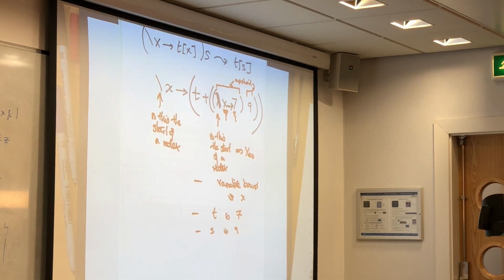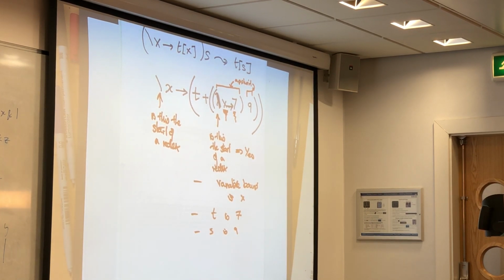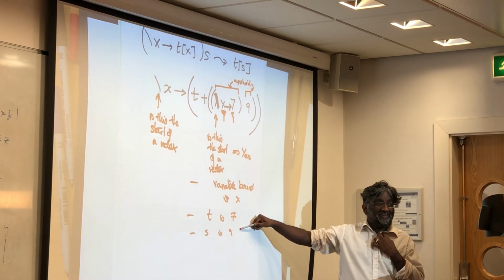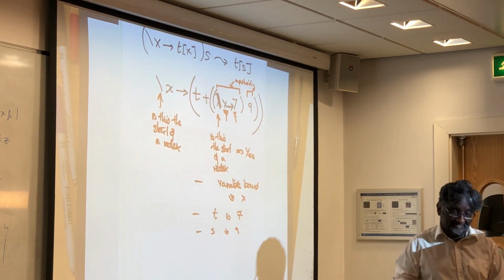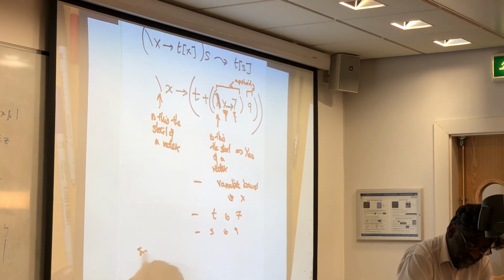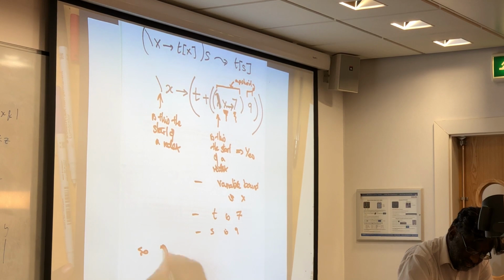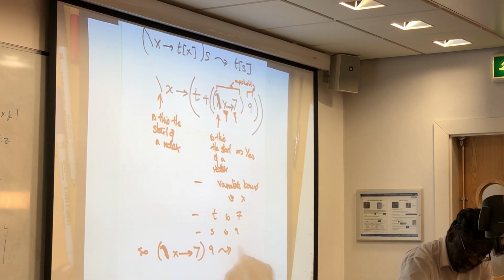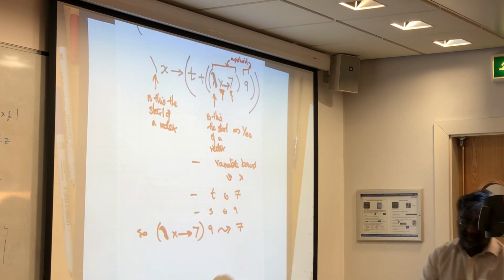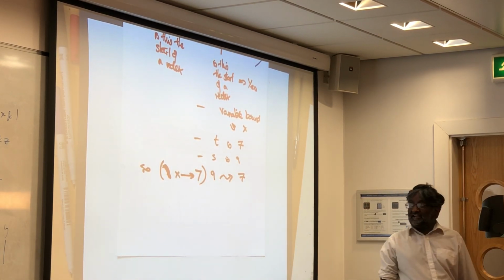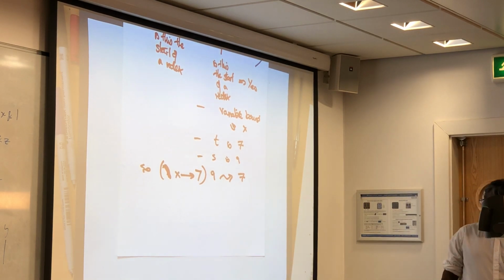There are no x's, so it's very easy. What happens if I take 7 and replace all the x's with 9? 7. So therefore, lambda x arrow 7 applied to 9 reduces to 7.